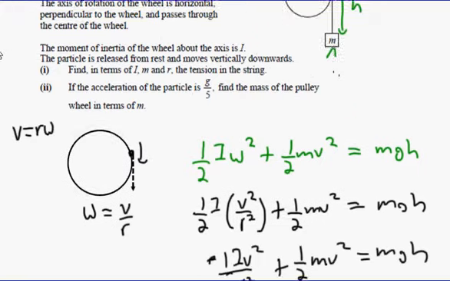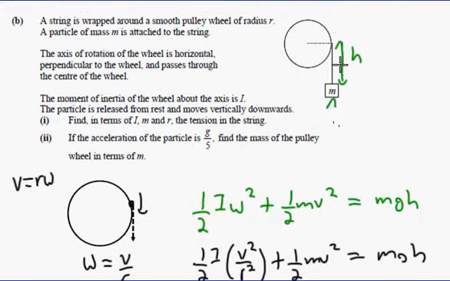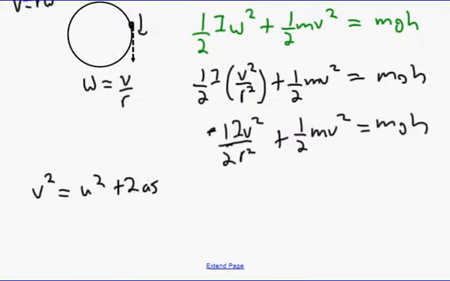If the particle starts here and falls down to, let's say, down here, that represents a drop in height of h. So we're going to change that to h. It starts off at rest, which means v squared equals 2ah.